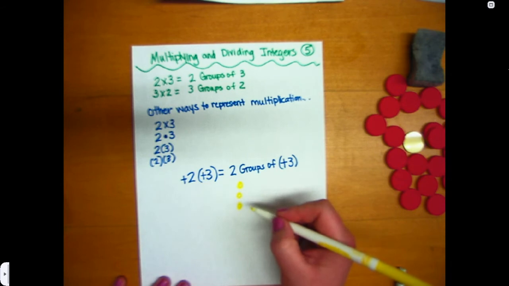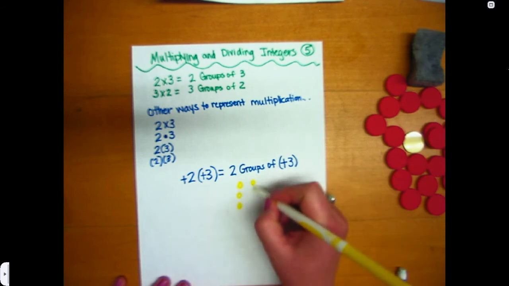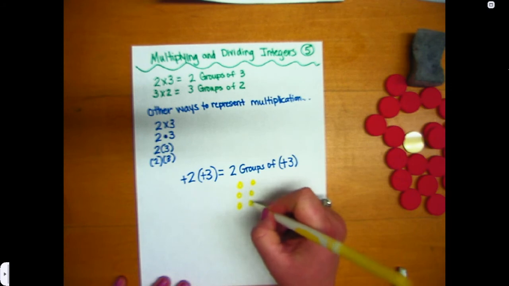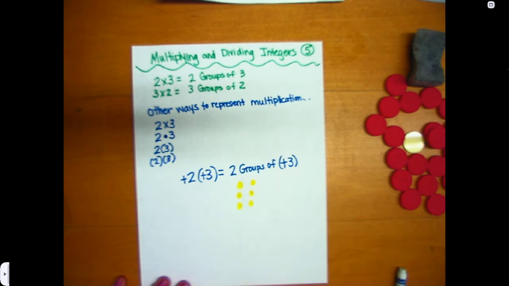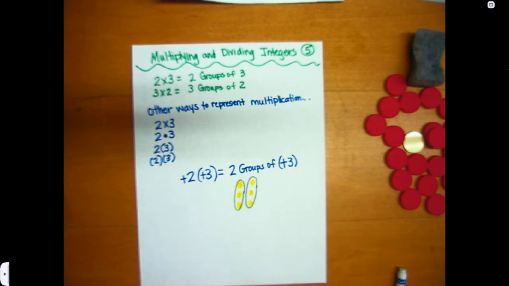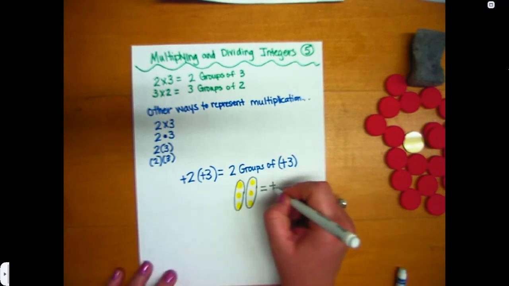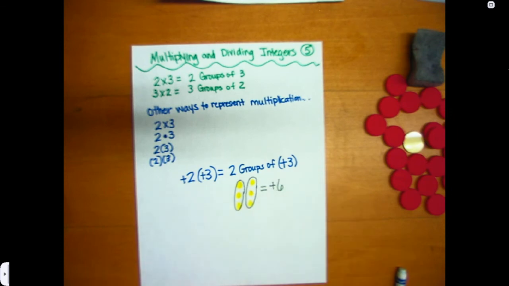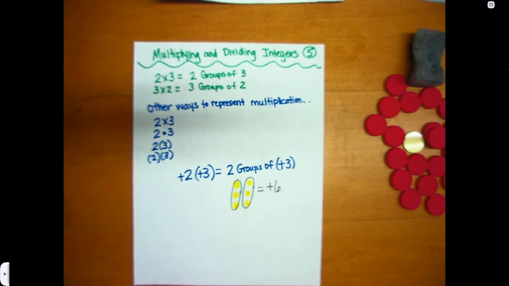And that's one group of 3. And then I would need another group of 3. So this is 2 groups of positive 3. This is a group, and this is a group. And that is equal to positive 6. I'm going to draw a line. I'm going to do it with black.